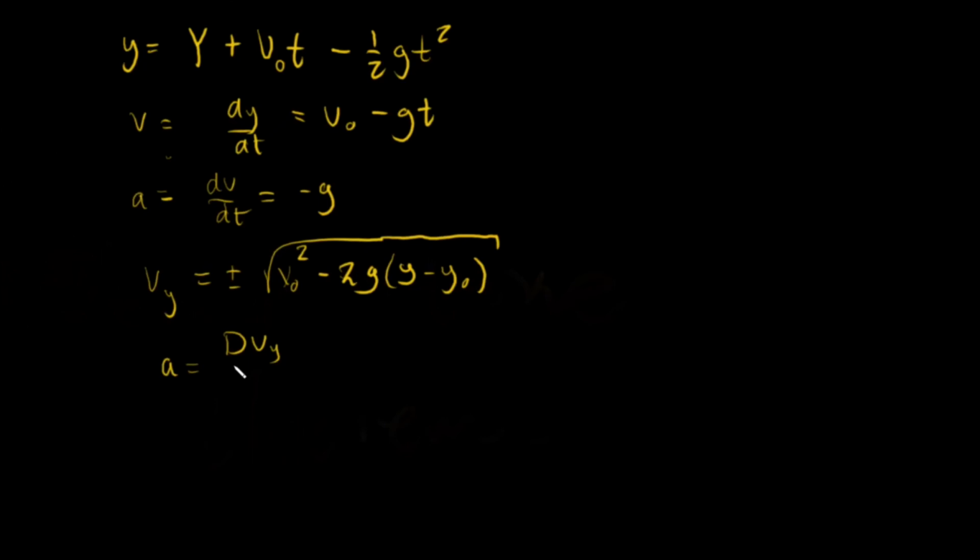The material derivative with respect to t of Vy is equal to the partial derivative of Vy with respect to t plus Vy times the partial derivative of Vy with respect to y. And the partial derivative of Vy with respect to t is 0 because the velocity, as described here, is not transient. It does not change with time at any given location.